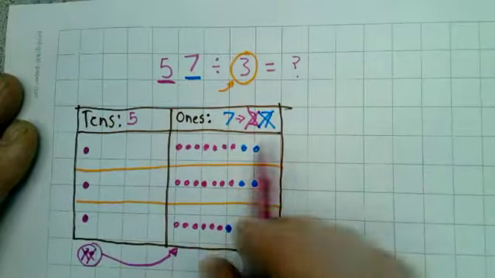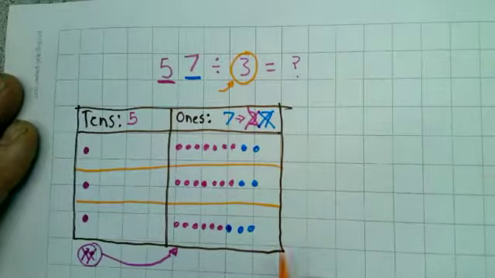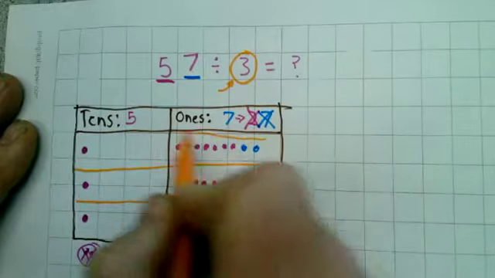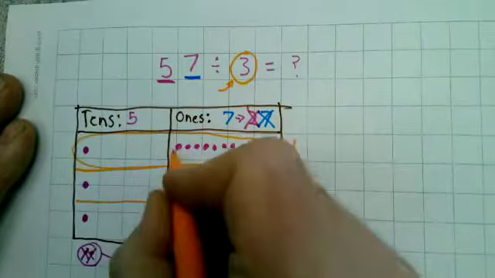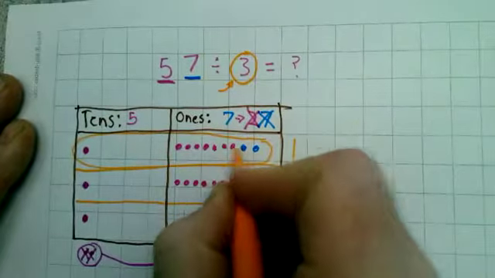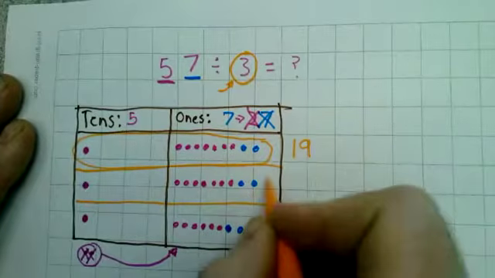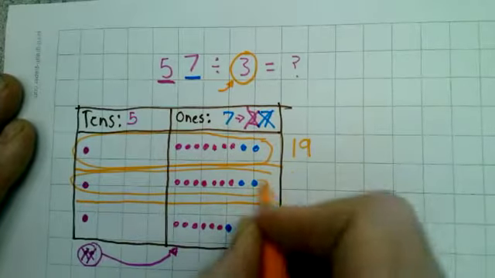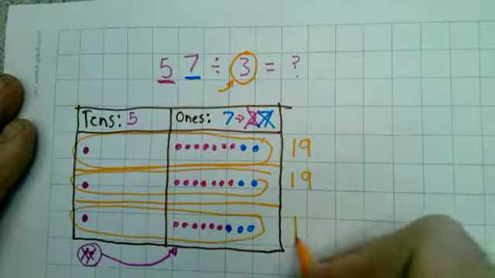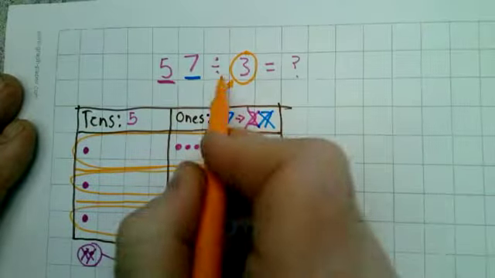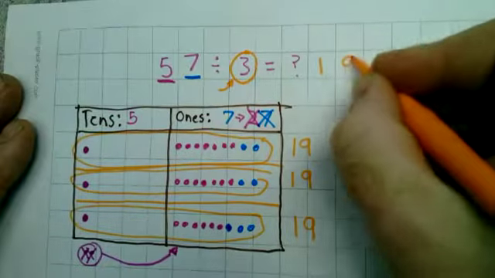So looking at each group, let's see how many we have in each group. Notice we don't have any remainders in this problem. Looking at this group, we have 1 ten, and we have 1, 2, 3, 4, 5, 6, 7, 8, 9. That's 19. Here's the same thing in this group. We have 19, and in this group, we have 19. So 57 divided into three groups is 19.